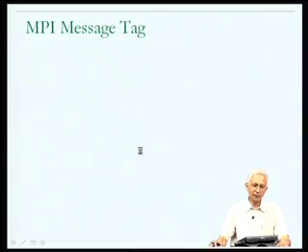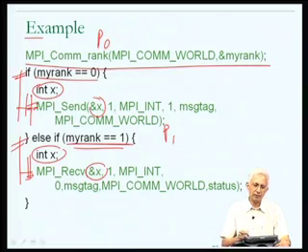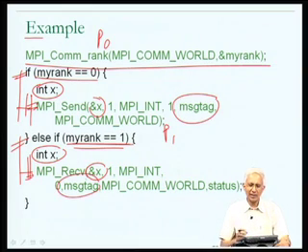Now, one of the parameters in the call to send and the call to receive, you would have noticed, was a parameter with the name MSG tag, which refers to something called a message tag. This is another important concept in MPI communication.